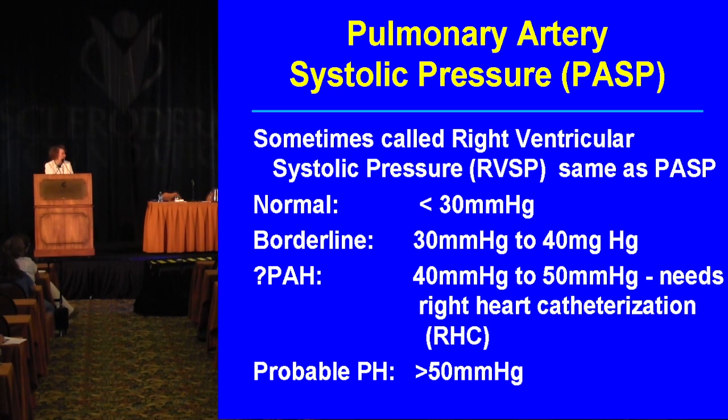Borderline with this echo is between 30 and 40, and oftentimes if you see an echocardiogram report, the cardiologist will call a blood pressure over 30 pulmonary hypertension. They really shouldn't be doing that because the echoes should not be the tool to make a diagnosis of pulmonary hypertension.